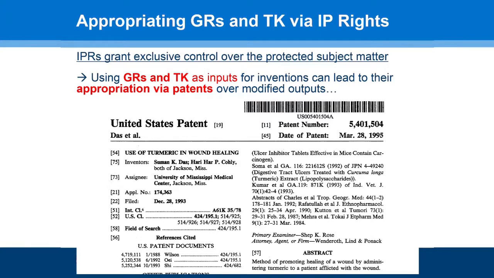An example here would be that there were attempts to patent in the United States the use of turmeric, which is a particular ingredient that has been used for a very long time in India by indigenous communities for wound healing purposes.